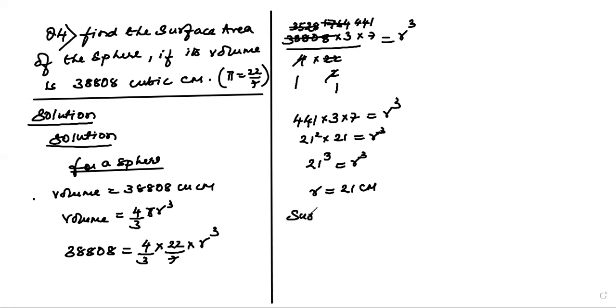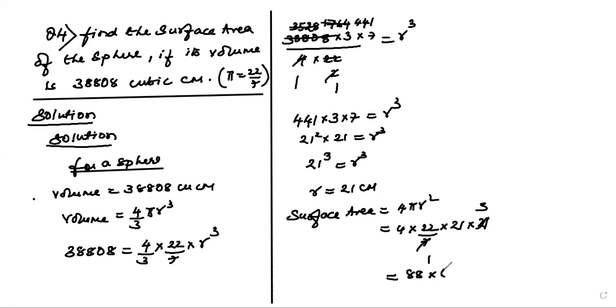Surface area of sphere. Shortcut, children: 4 pi r square. This is 4 into 22 by 7 into 21 into 21. Very simple, children. 7 1 times, 7 3 times. This is 88 multiplied by 63.